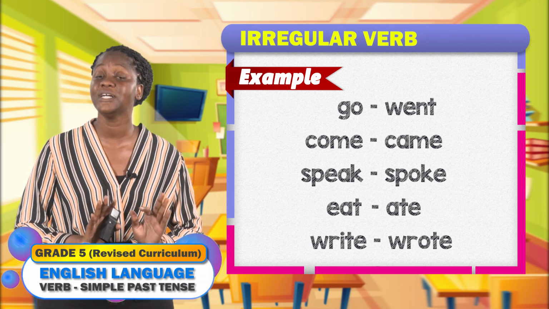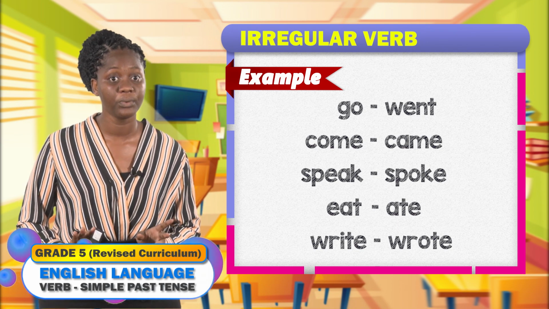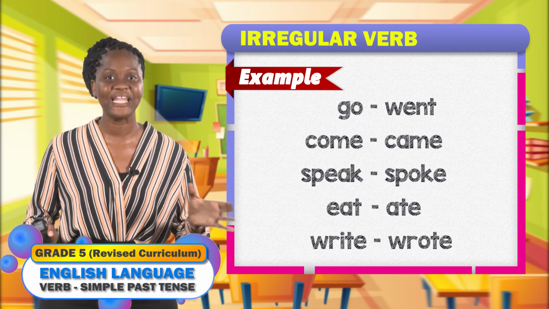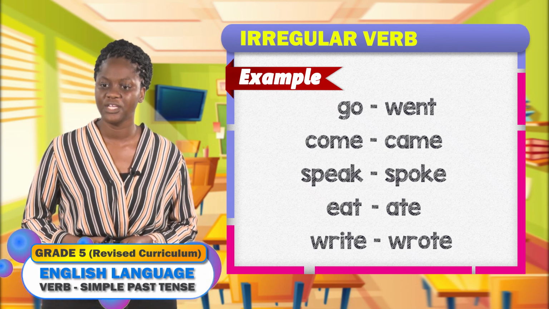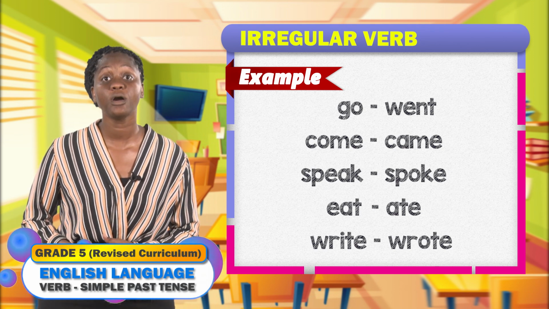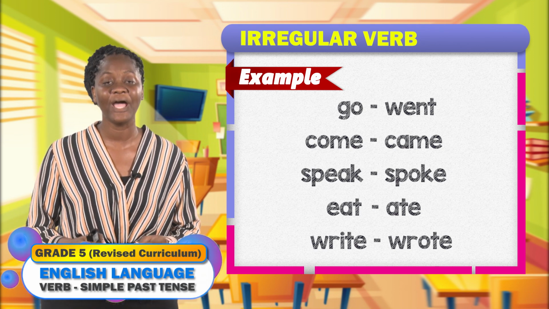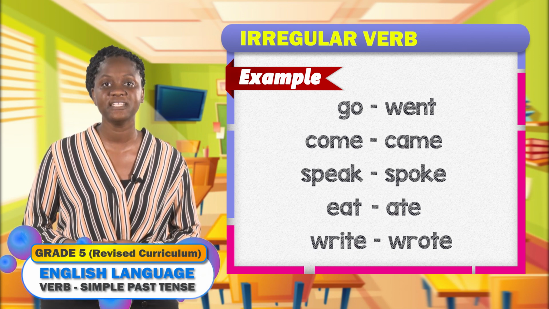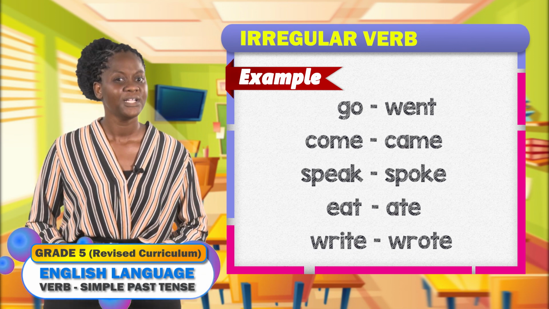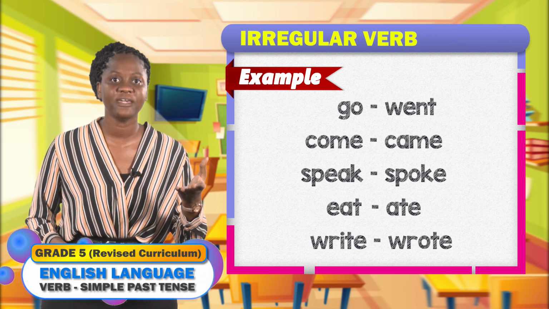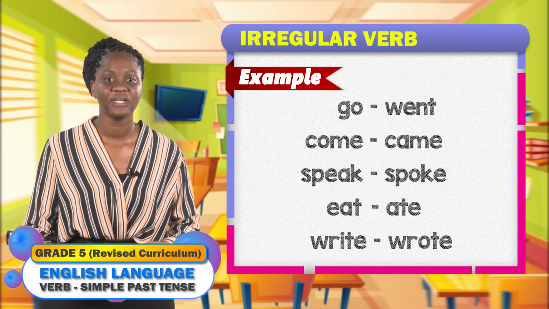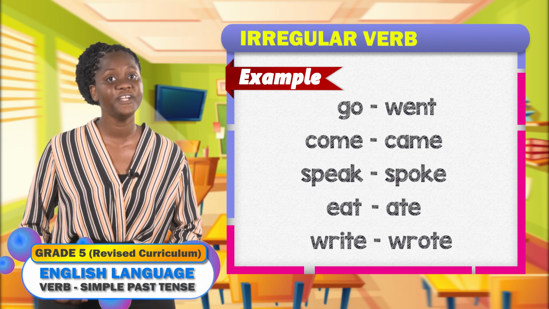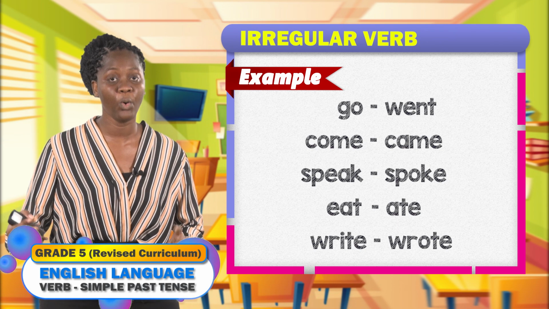Definitely, we do not add ed to go. The past tense of go is went. Additionally, if we have the word come, C-O-M-E, the past tense of come is came. Likewise, speak, spoke, and eat, ate, or even write, wrote.